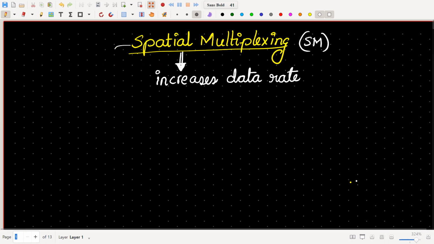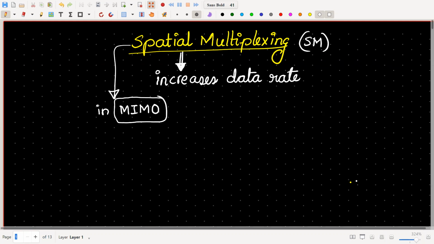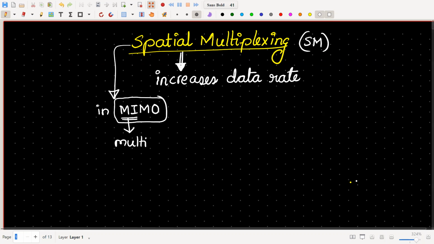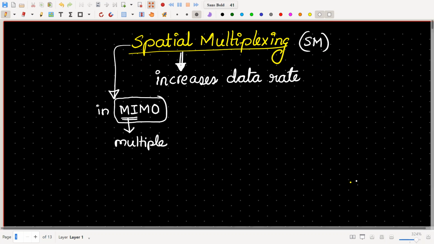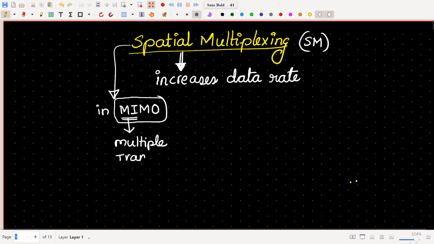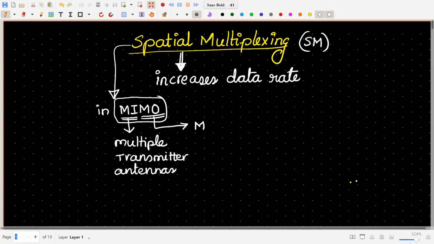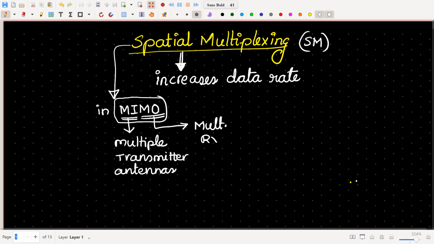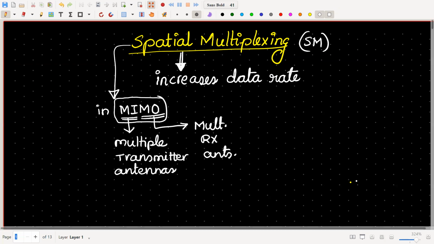See, spatial multiplexing in a multi-input, multi-output wireless communication system. When we say multi-input, it means multiple transmit antennas, or multiple transmitters, and MO indicates multiple receiver antennas.